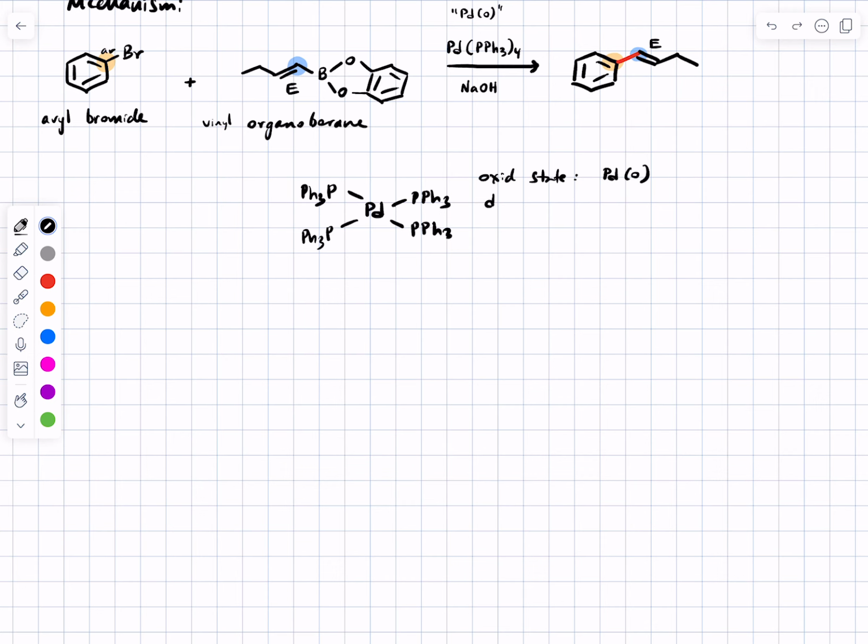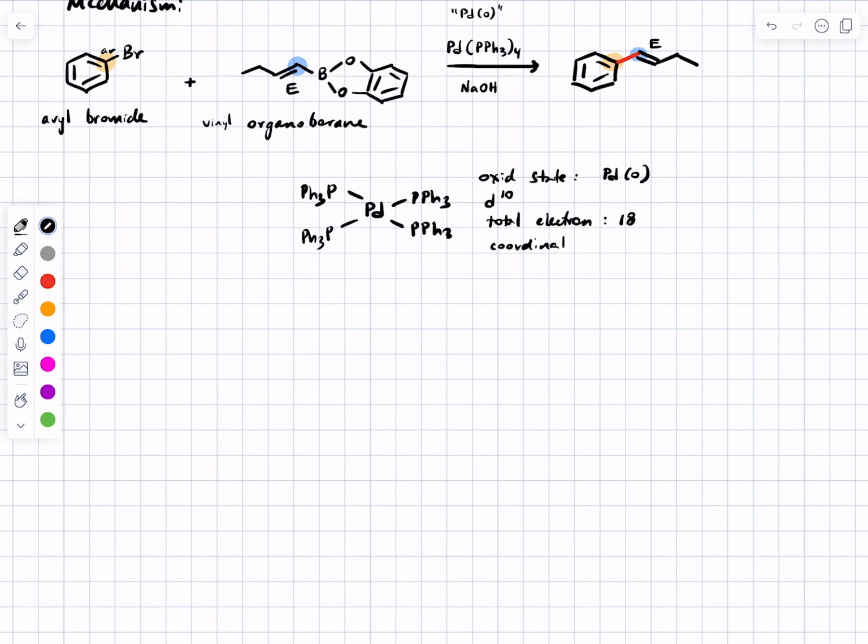That means palladium is a d10 metal. There are 10 d electrons. Total electron count with those 10 d electrons plus the electrons from each of the ligands that are bonded to palladium, 2, 4, 6, 8, means we have 18 electrons total.